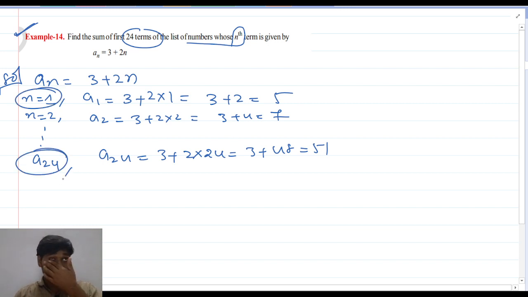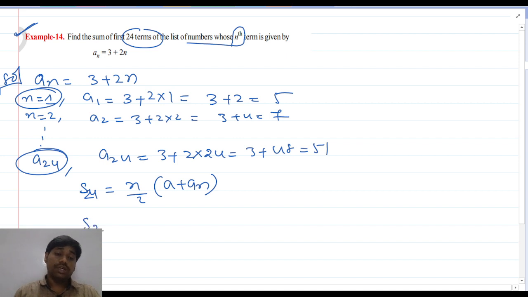We can calculate the sum of terms now. For 24 terms, S24 is equal to n by 2 of a plus an, as you know the first and last terms, so we can use that formula. S24 is equal to 24 by 2. The first term is 5, the last term is 51.